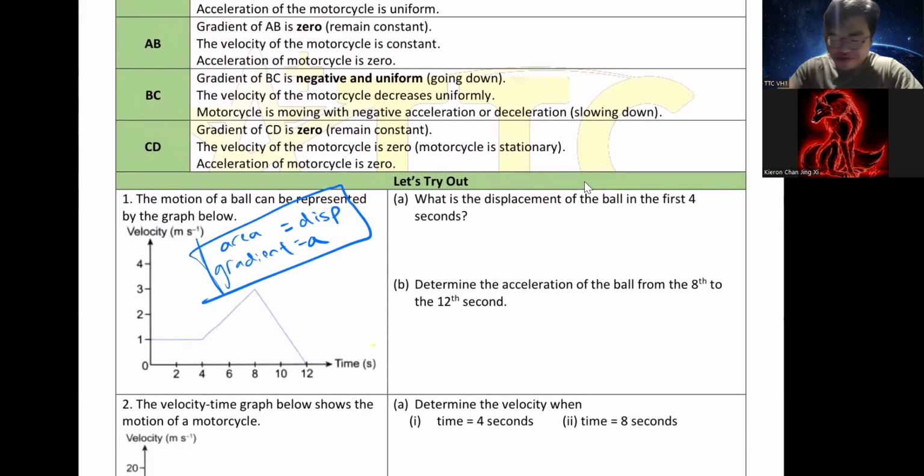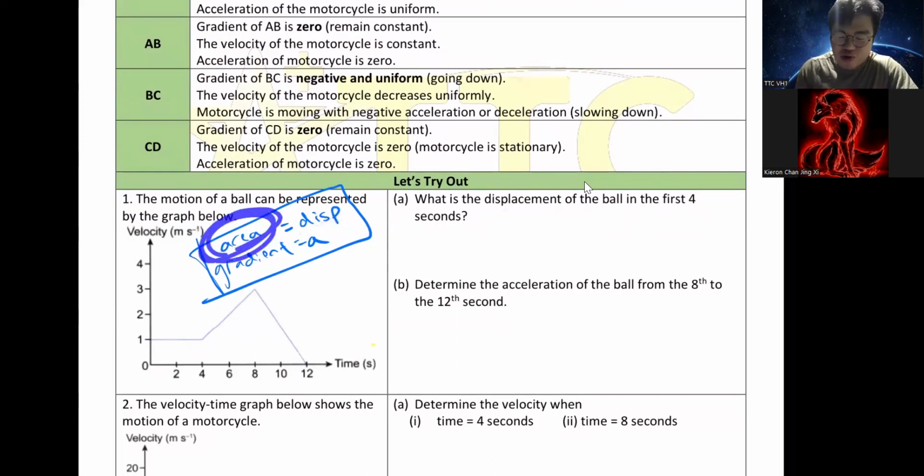Okay, so let's look at A. What is the displacement, sasaran, of the ball in the first 4 seconds? How do you find the sasaran? How do you find the displacement? The displacement, the sasaran, is the luas. Correct?